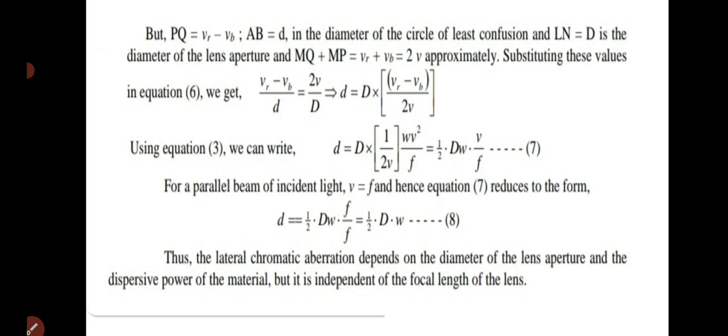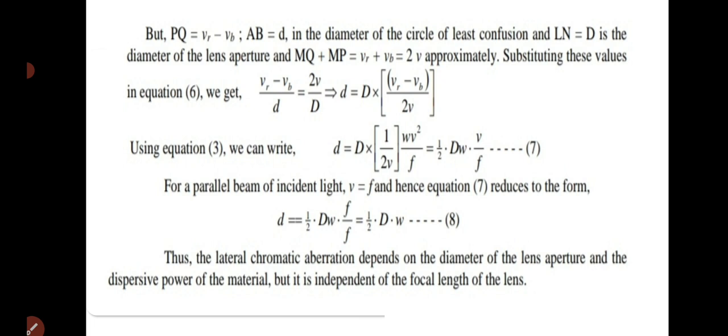Substituting these values in equation 6, we get (VR minus VB) divided by d is equal to 2V divided by capital D. It gives d is equal to capital D into (VR minus VB) divided by 2V. Using equation 3, we can write d is equal to capital D into 1 by 2V into omega V squared divided by F, which is equal to half into capital D omega V divided by F, equation number 7.